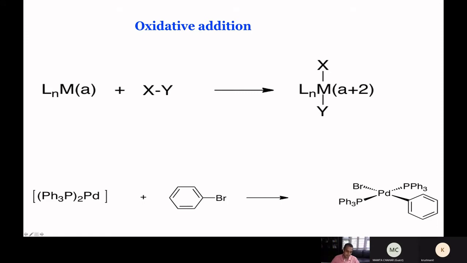The way this complex is synthesized simply is, of course, you take 4 equivalents of triphenylphosphine and some palladium 0 precursor. This is one of the ways to synthesize it, or you can of course reduce the palladium 2 and come to palladium 0, and then you essentially prepare the palladium tetrakis, or tetra-triphenylphosphine, complex. From there, 2 of the phosphine ligands go out.